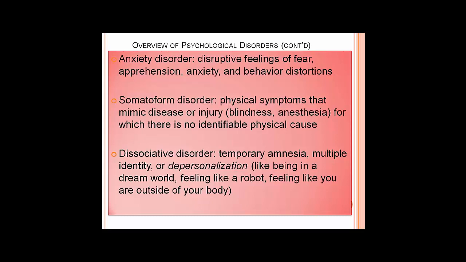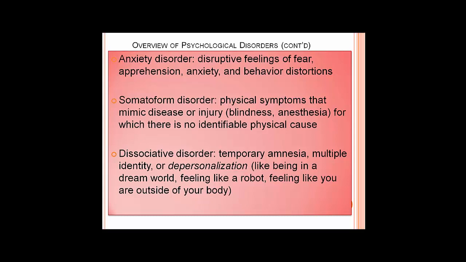Then there are a set of disorders called somatoform disorders. Remember, I said anytime you see soma or somatoform, that refers to something of one's body. So somatoform disorders are psychological disorders with physical symptoms that mimic disease or injury, like blindness or anesthesia, and there's no identifiable physical cause, because your brain can do these things.